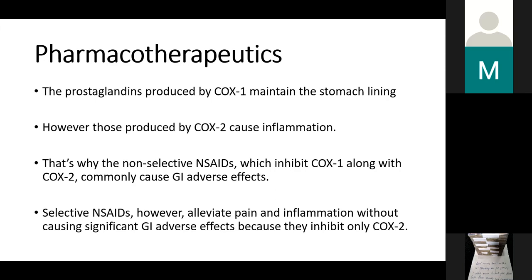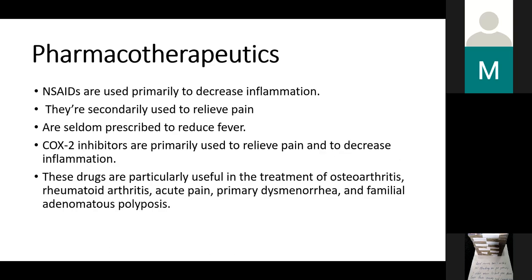The selective ones would alleviate the pain and inflammation without giving you the GI side effects because they inhibit only COX-2. So they are used primarily to decrease inflammation. So wherever you have inflammation, NSAIDs are good. Then they are also used to relieve pain and rarely to reduce fever.